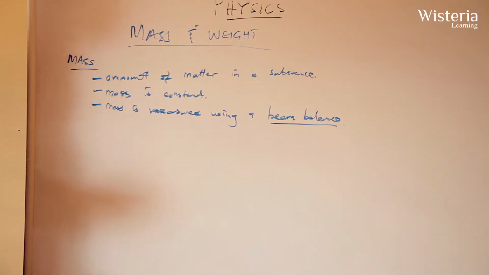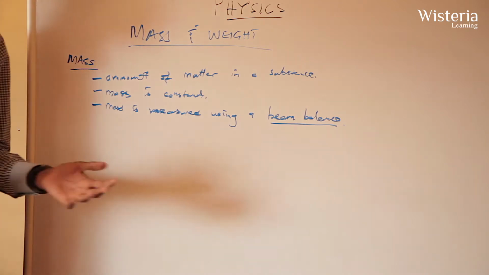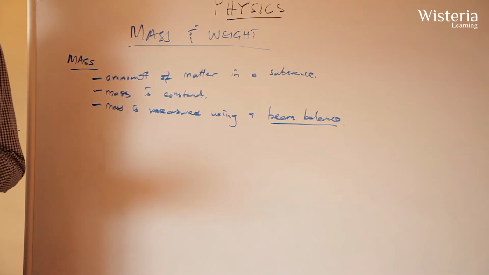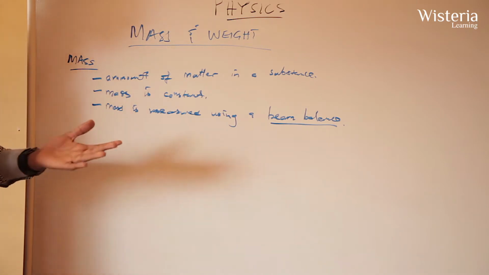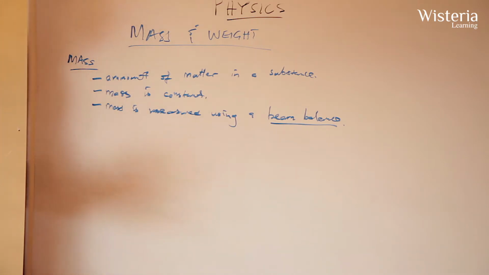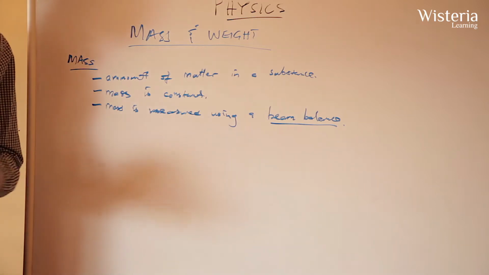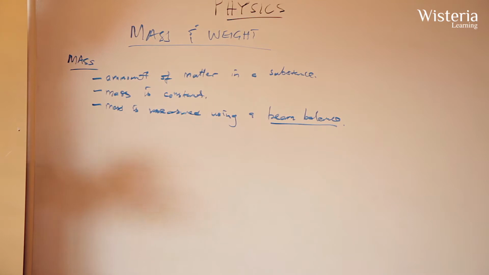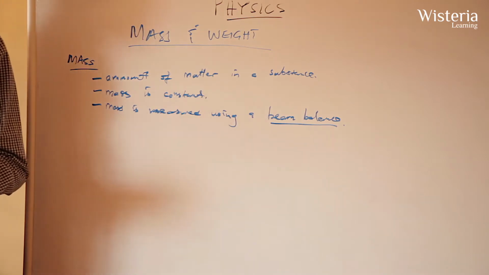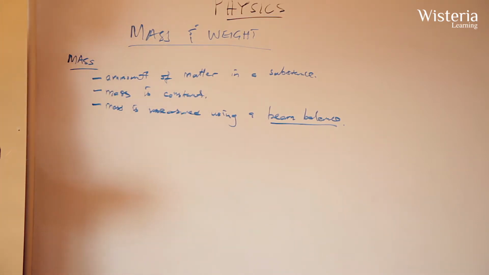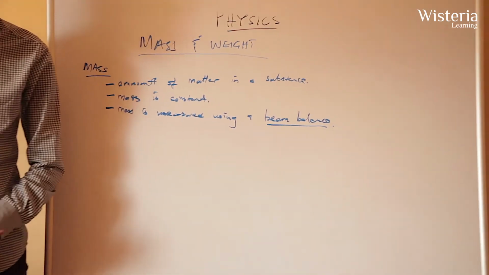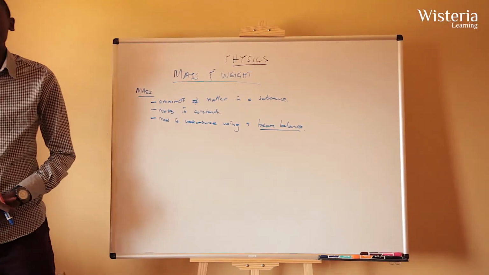It is an instrument that consists of two pans, and in the first pan we place a known mass, and in another pan we place an unknown mass, until we have an equilibrium of those pans balancing. That's when we can tell that the unknown mass has the same amount of matter as the known mass. The notes are given below the video itself.